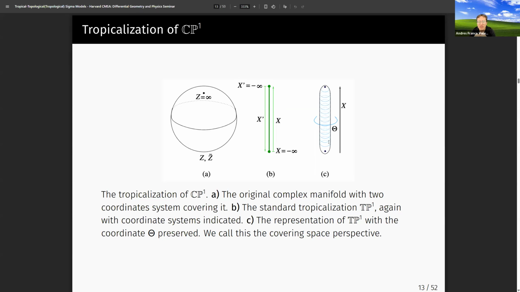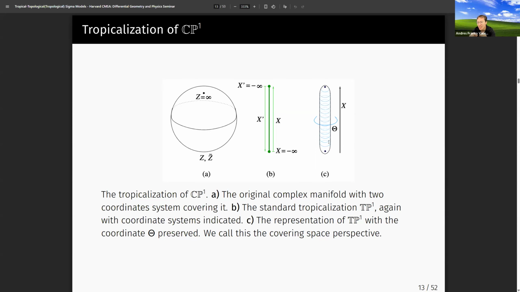Sorry, that's a typo on figure B. Instead, what we're going to see is that you can actually blow up this picture and retain the theta angle. So you can view the tropicalization as still being topologically an S2 with those two punctures, but you're instead going to have a foliated manifold. And only when you quotient out these foliations can you recover the tropical geometry. So there are two ways of viewing the same thing.